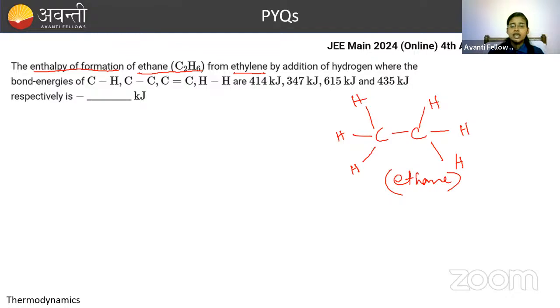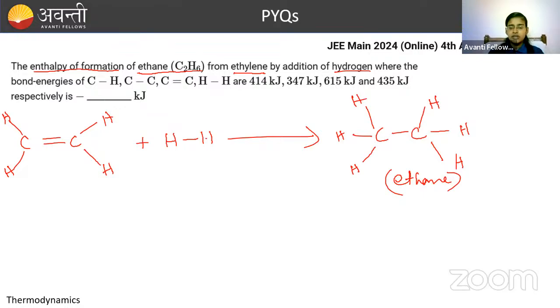Ethylene means it is C2H4, C double bond C and H4, by the addition of hydrogen, H2. In H2 we will have an HH bond. And this is ethylene. Got it?